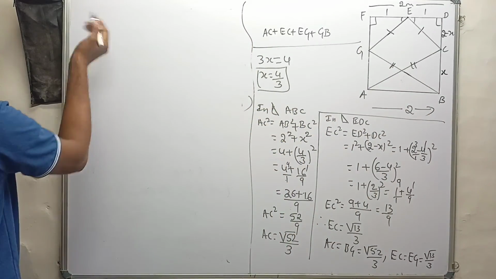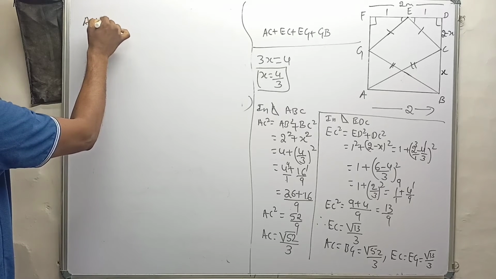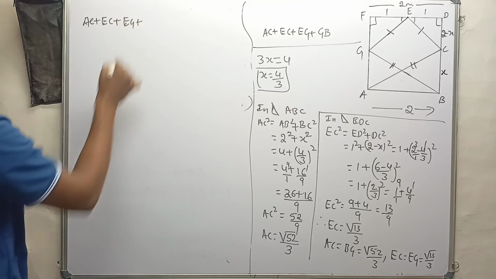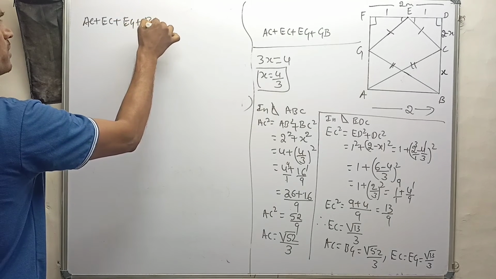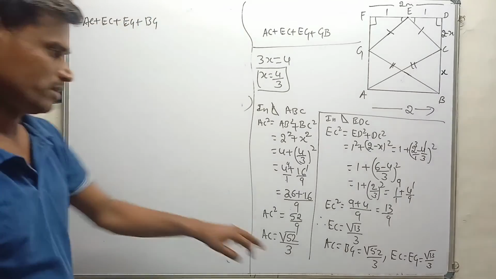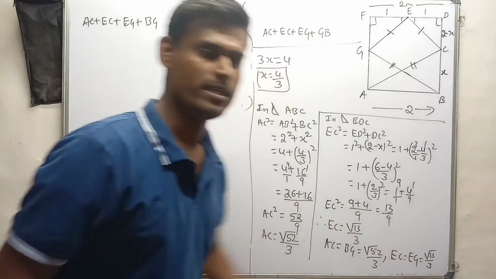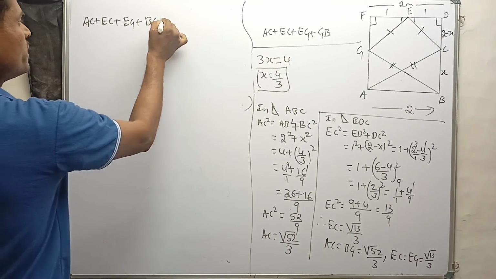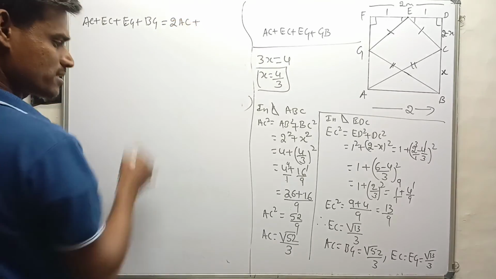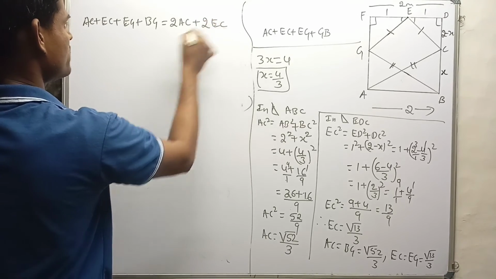To calculate that, let's add AC, EC, EG and BG. Here the lengths of AC and BG are equal to each other. Then the lengths of EC and EG are equal to each other. So we can write 2 times AC plus 2 times EC.